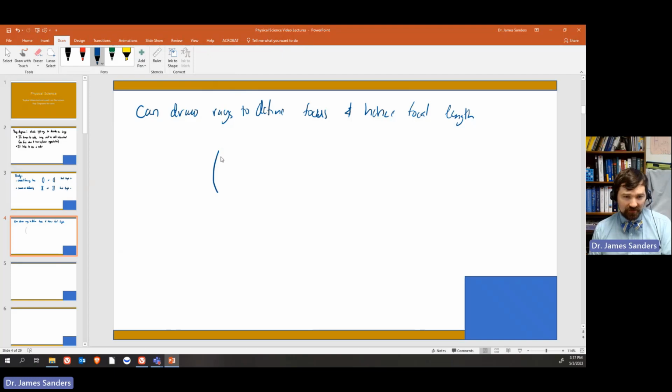So right here, we're going to draw for ourselves a simple lens. And there's actually two lines that we need to draw when using these lenses. One is what's called the principal axis.